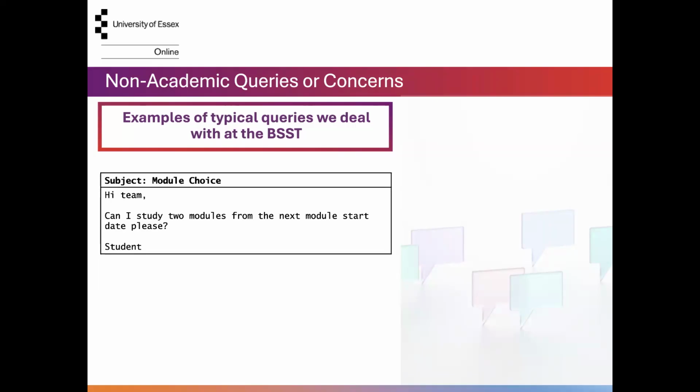Module choice. Hi team, can I study 2 modules from the next module start date, please? Approximately 2 weeks before a module starts, you will receive an email with the subject line confirmation of your next module, and this will state your next module, the start date, and the details.